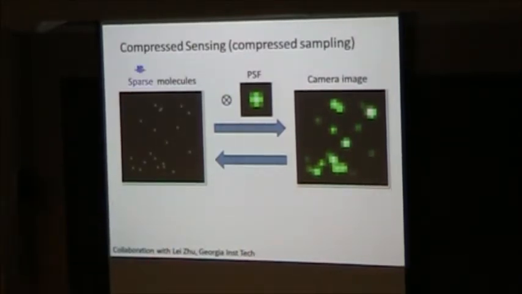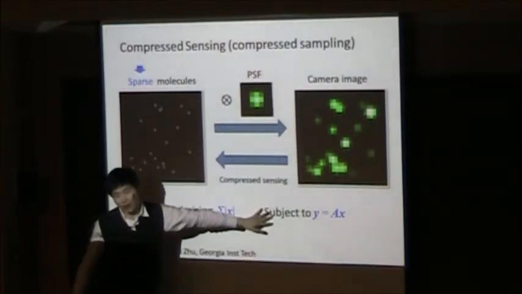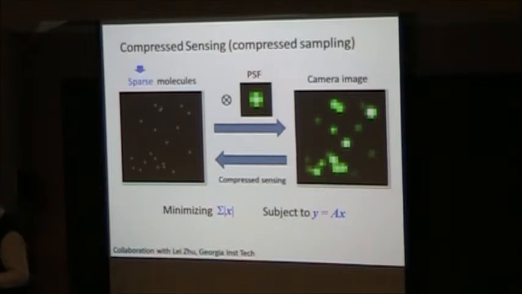And there's one thing you can use. Because of our photoactivation scheme, even when the molecules are pretty crowded in the camera image, we still have a sparse collection of molecules in original space. And that sparse constraint would allow us to use compressed sensing by minimizing the L1 norm, subject to this convolution. Of course, we have to account for the shot noise of photon counts.